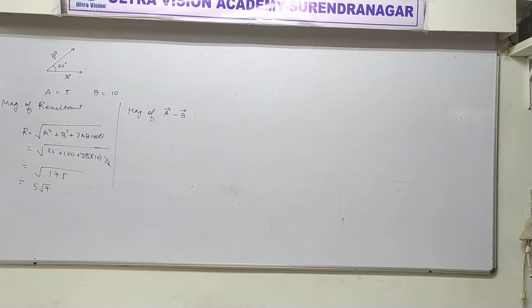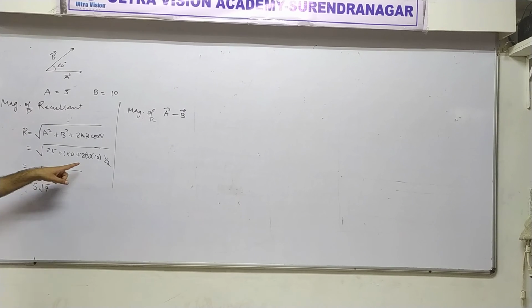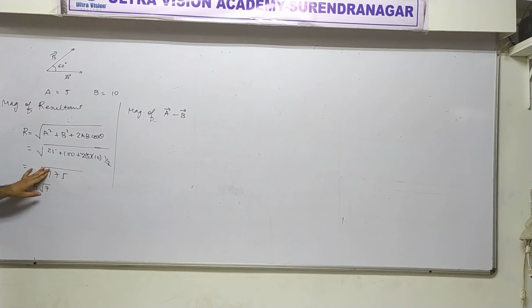Done. And the answer, in simplified form, is 5 root 3. Alright? Yes. Here, make it minus 50, so you get 75. Alright? Yes. That's what is going on.